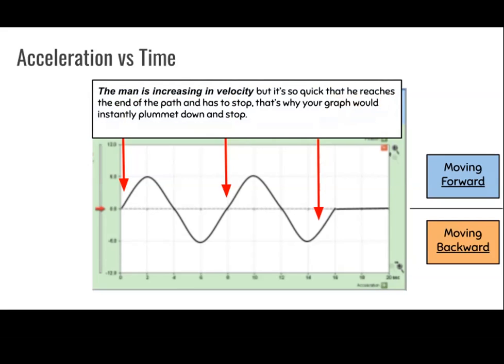And I was playing with this yesterday, and what happens is the moving man runs out of space. He hits the edge of the pathway, and then he stops. Then it drops down like a dramatic plummet, goes back to 0 and stays at 0 because he's no longer accelerating.